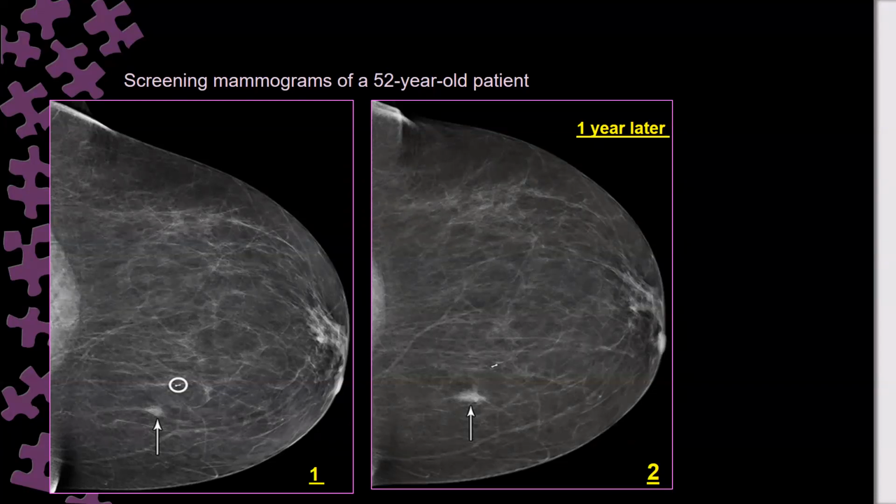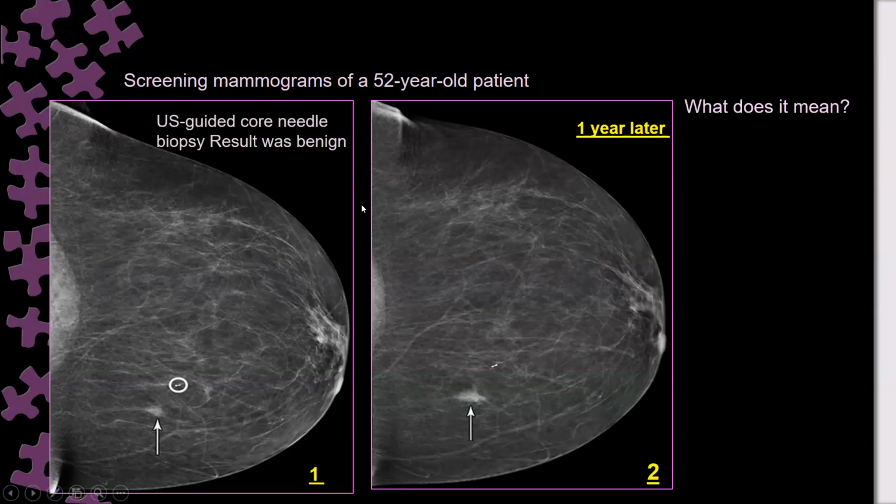So you expect that the ultrasound guided core biopsy result was benign. What does it mean? What do you understand from all these findings, if you take it all together?